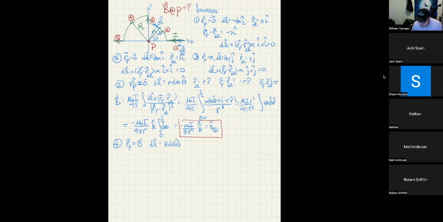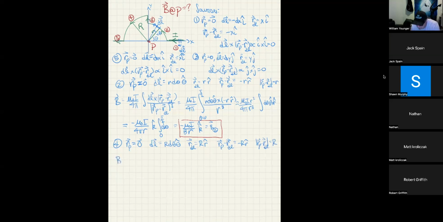And RDL is just going to be big R times R hat, and then RP minus RDL is just going to be negative R hat.